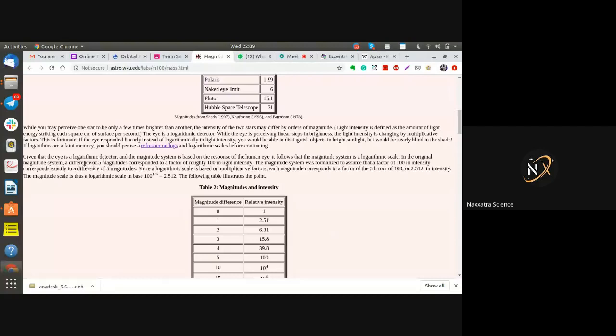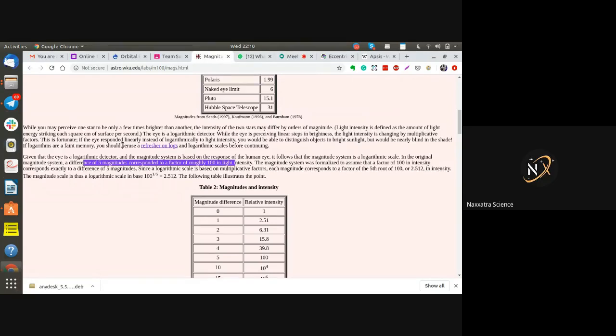Okay, so basically, you have a simple rule to begin with. For every 5 steps you take, it is 100 times increase or decrease. For example, if you go from 5 to 0, it is 100 times increase. Now that means that for every step, what is the increase? That's the question.